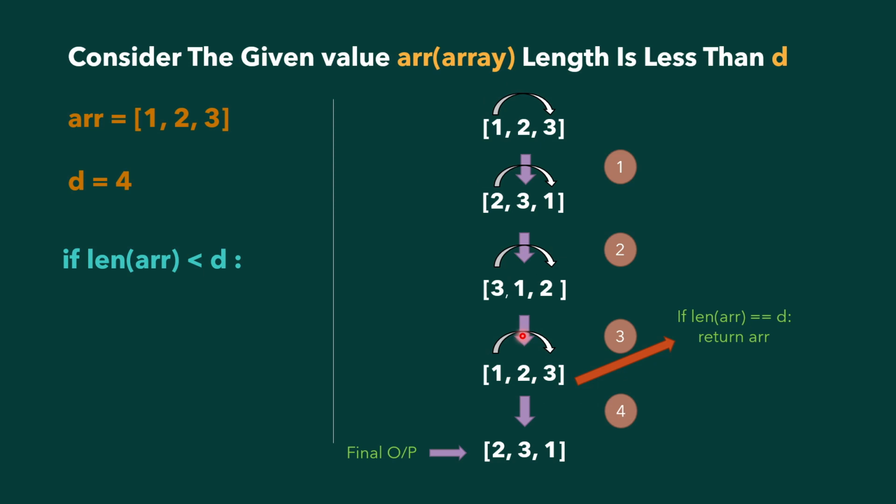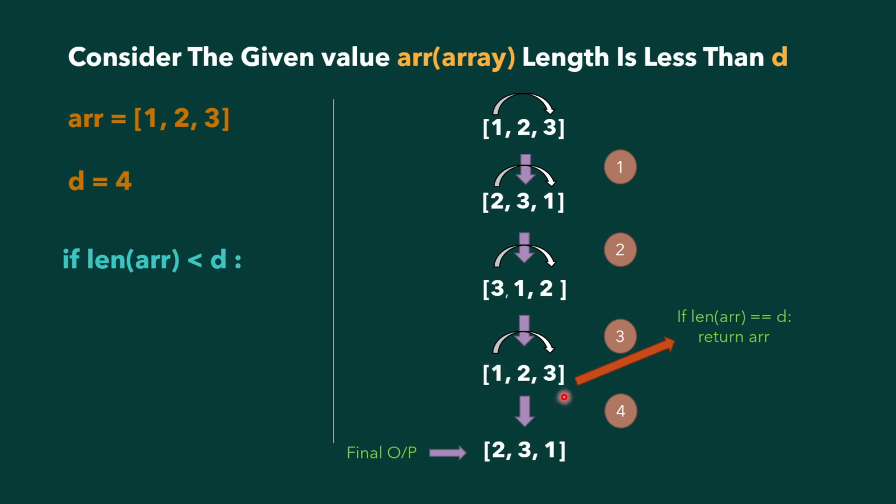For the time complexity, we are going to take the remainder: d modulo length of array is equal to 1. The first element, the 1, which means the first element goes here.